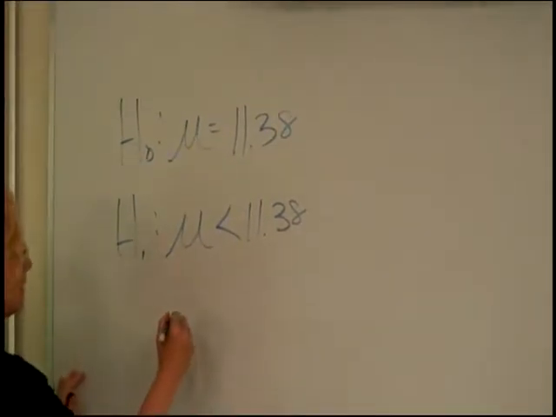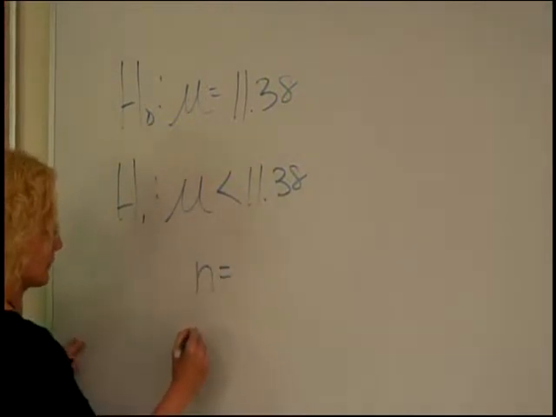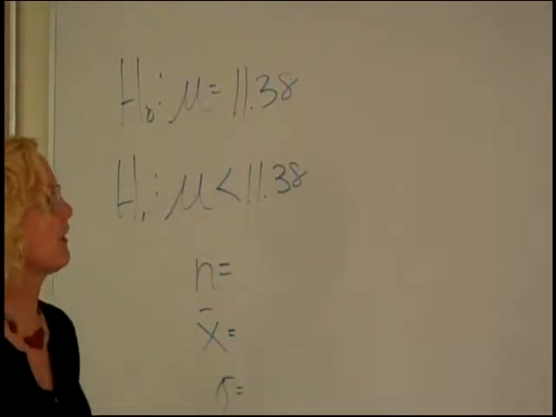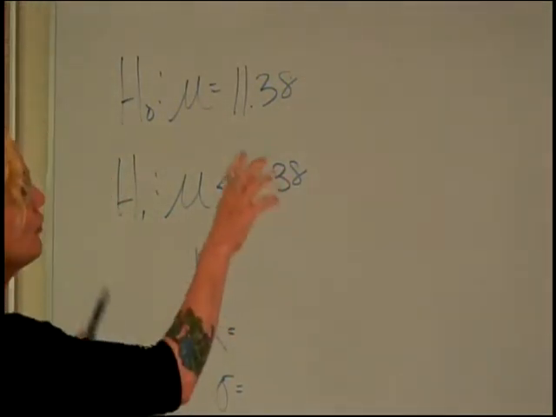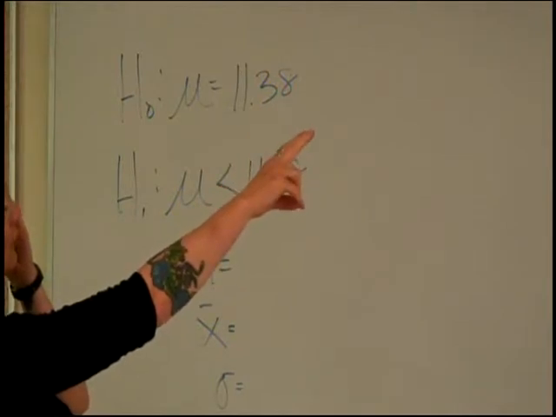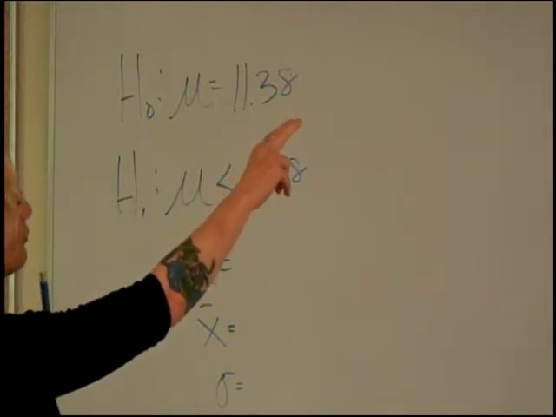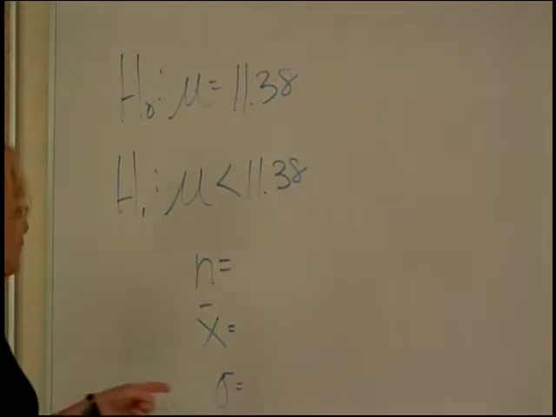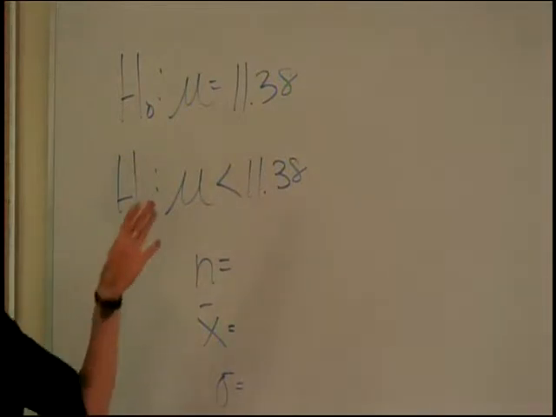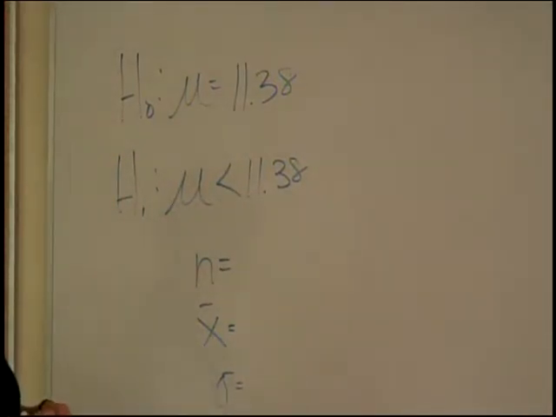Okay, so now we need our sample statistics still. And notice here it says, in 2005, the mean real estate tax bill per $1,000 was $11.38 with a standard deviation of 8.02. It's not worded very well, but we're going to assume that that's the population standard deviation in this case. I would make sure and write population standard deviation.